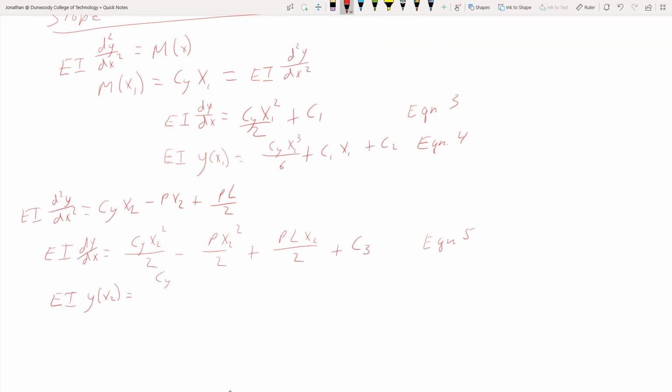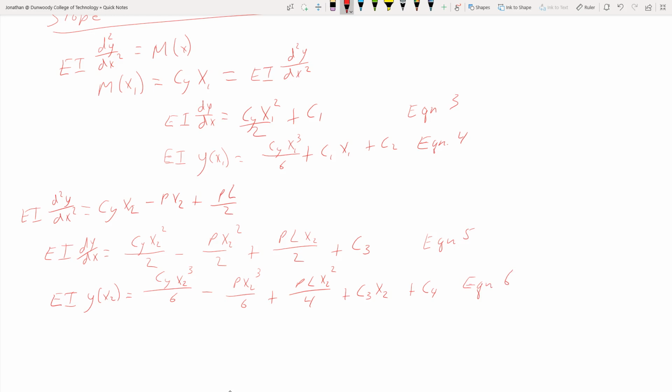So you have EI y equals Cy x2 to the third over 6 minus P x2 to the third over 6 plus PL x2 to the second over 4 plus c3 x2 plus c4. That gets us equation 6. Alright, so now that we've got these crazy things, where do we go from here?